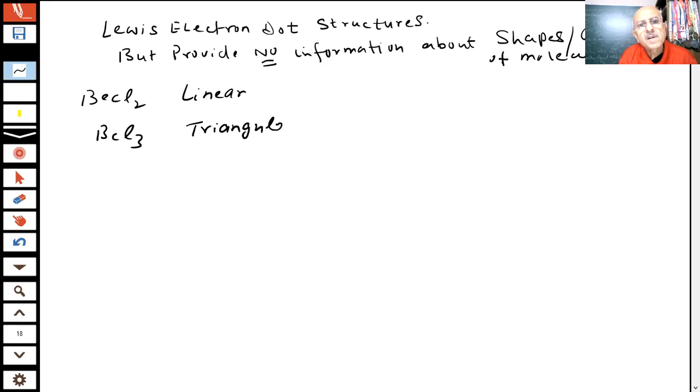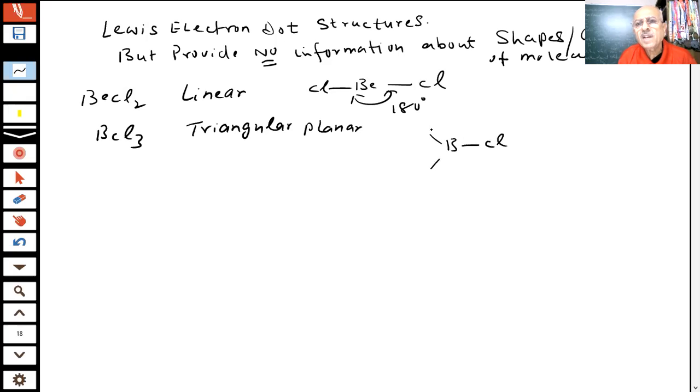Triangular planar shape means what? Linear means what? It looks like this. It's linear. The bond angle will be how much if it is linear? 180 degree. Triangular planar means it looks something like this.